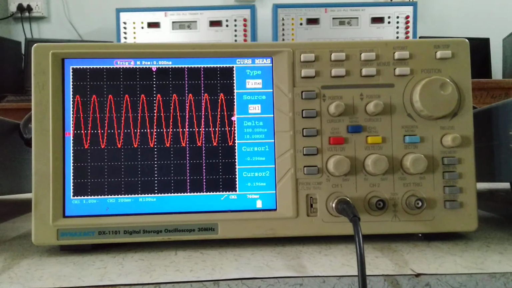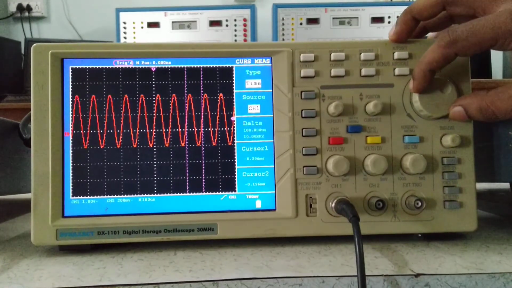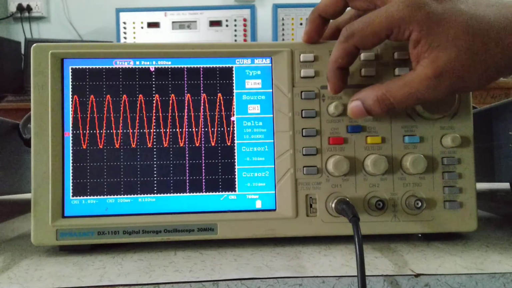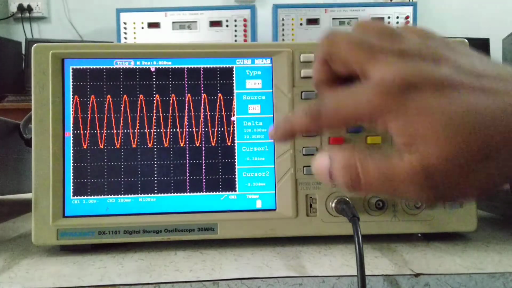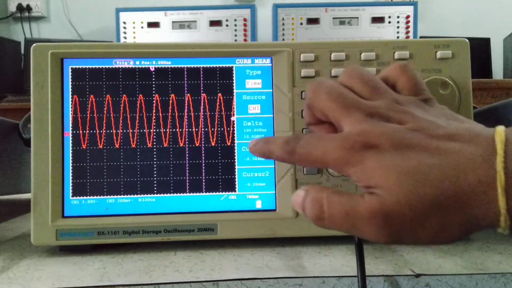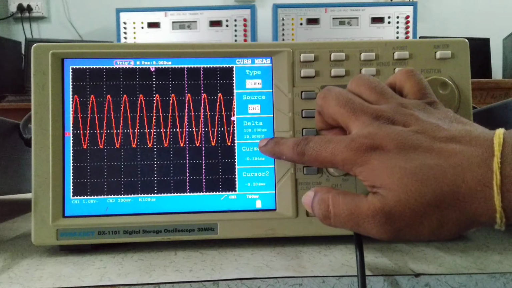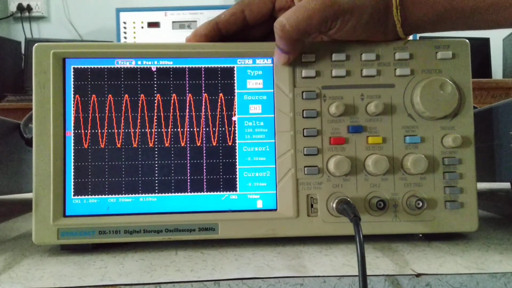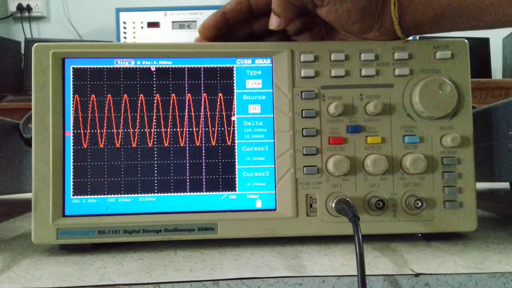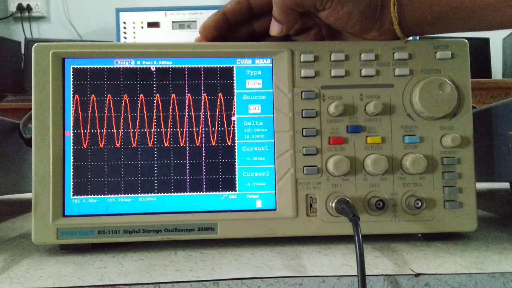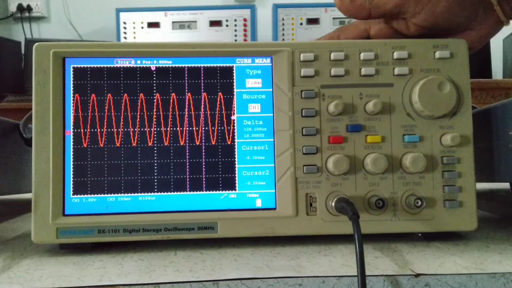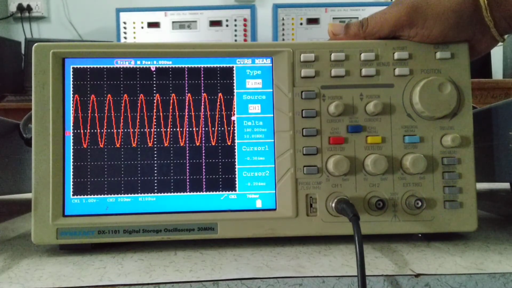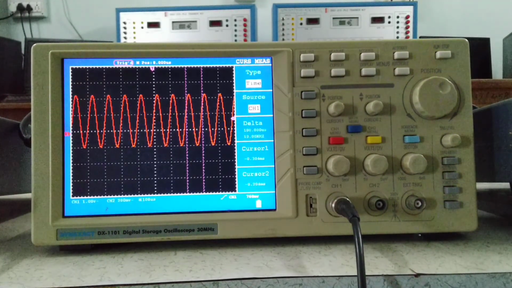As soon as I have selected one complete cycle, it has given me the difference between the two cursors, that is, the frequency of the signal in the time domain is 10 kilohertz. So this is the second method using which we can calculate parameters at any instant of time or at any instant of amplitude. This is the cursor method, and using such methods we can use the DSO for measurement of voltage and frequency of the signal.